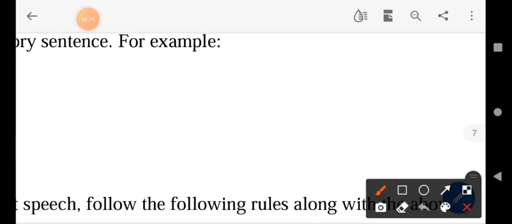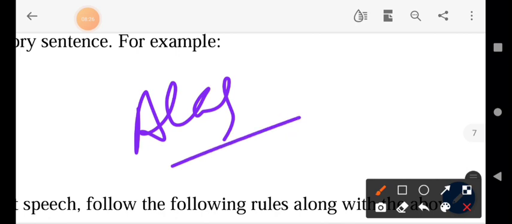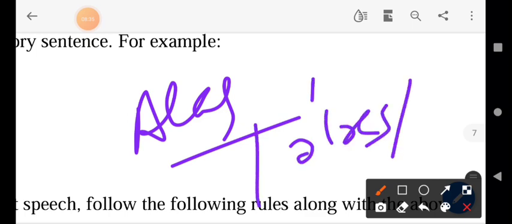And the next word is, for example, alas. This is the phonetic script. When do we express this interjection word? Used to express sadness. You should understand that.